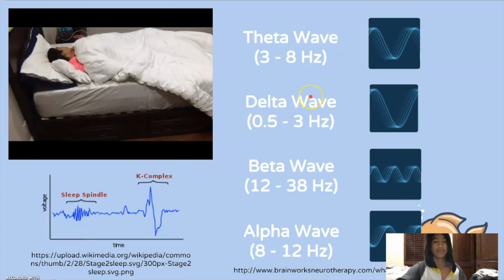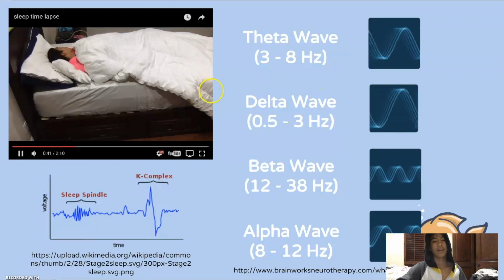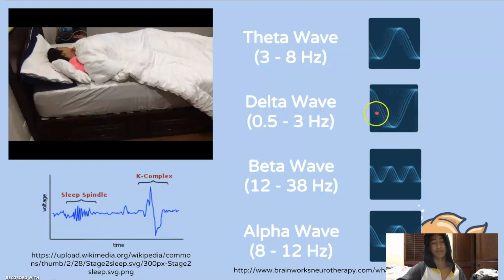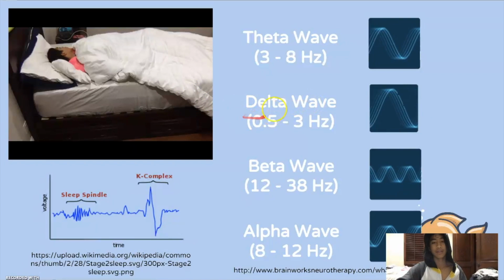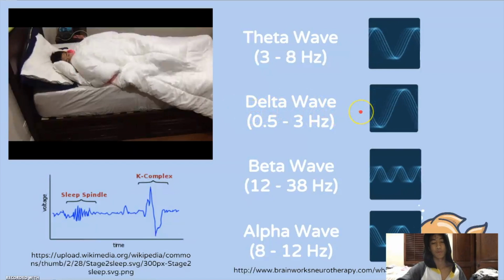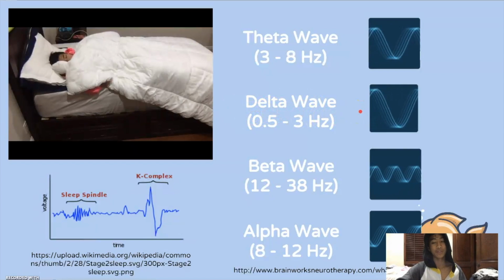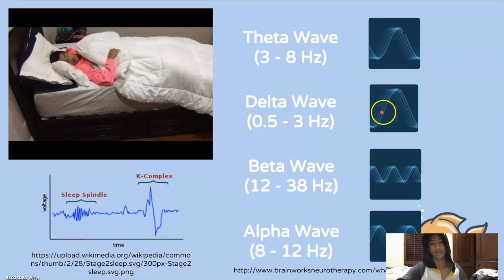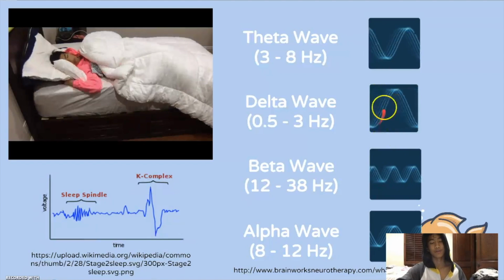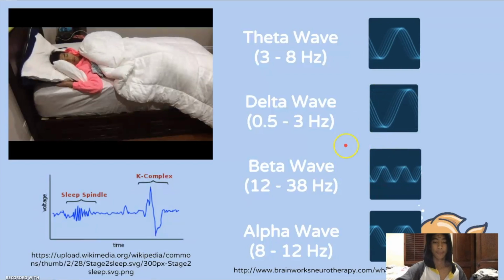Next we have the third stage of NREM, where delta waves are emitted. This stage is usually a dreamless deep sleep, and these delta waves have the lowest frequency with high amplitude.